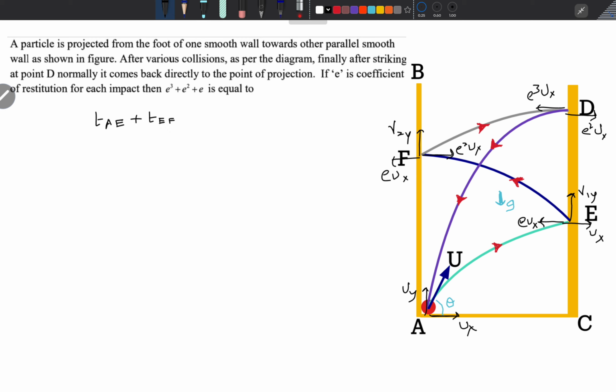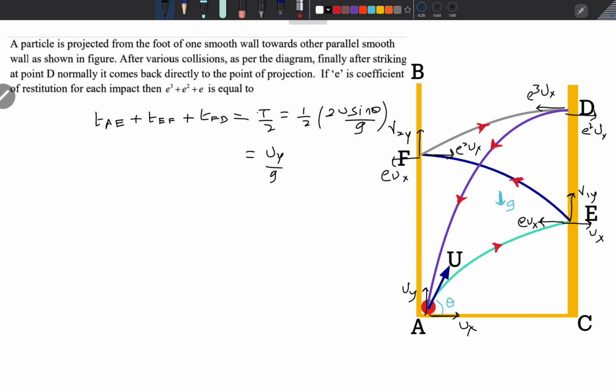What is half of the time of flight? It is 2u sin theta by g, where theta is the angle of projection, divided by two. This u sin theta we can write as uy only, so this will become uy by g.